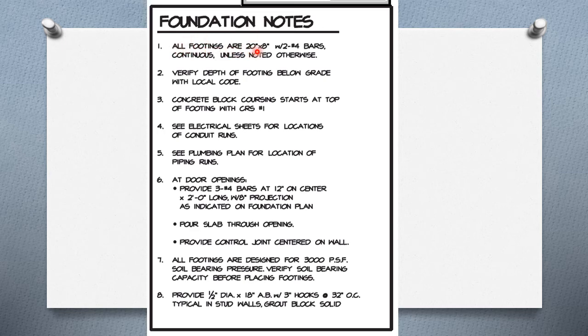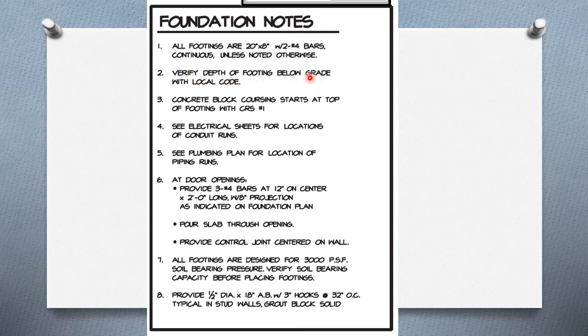Notice it says here all footings are 20 inches by 8 inches. So that would be 20 inches wide by 8 inches thick, 2 number 4 bars. They are continuous unless noted otherwise. So if I don't have that size or that number of bars, there'll be a note.